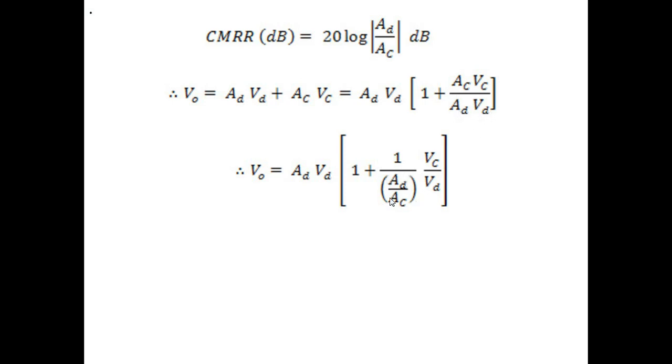We know this is CMRR. Therefore, the output voltage is equal to ADVD into 1 plus 1 by CMRR into VC by VD. This is the output voltage represented in terms of CMRR, common voltage, difference voltage as well as differential gain. This is the basic concept related with the differential amplifiers.